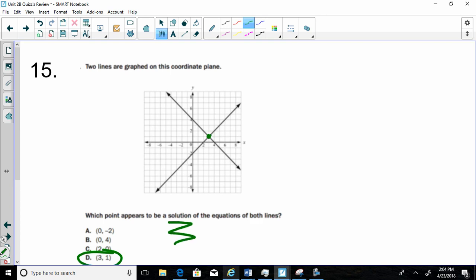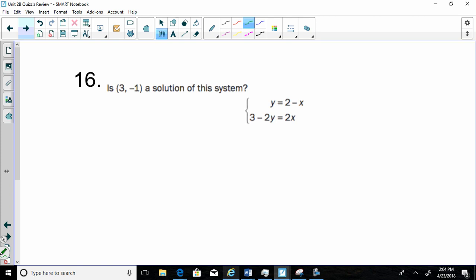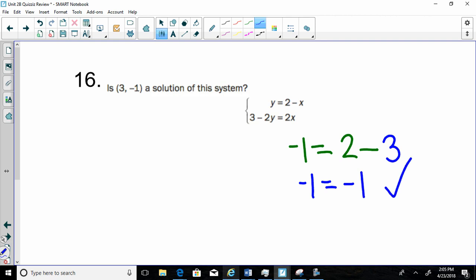No. So I just plug in the y coordinate for y right here, and the x coordinate for x. Because it's technically 3 minus, when you're minusing a negative, remember, it will turn to a plus. And remember, it has to work for both. They did it on purpose where it worked for the first one, right? Is that it? Cool.